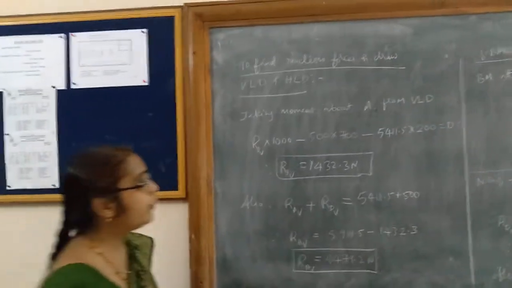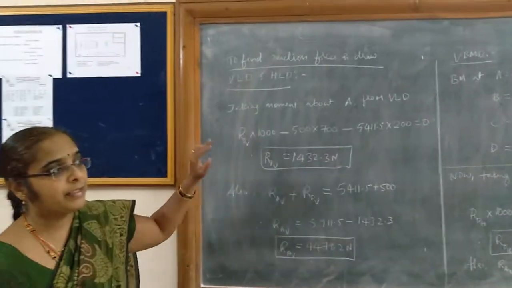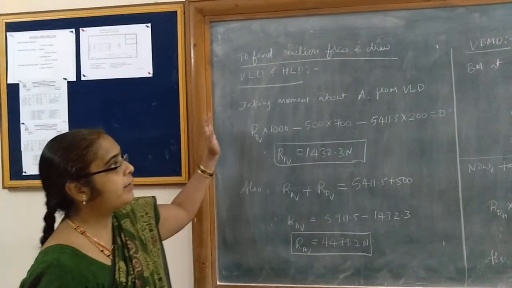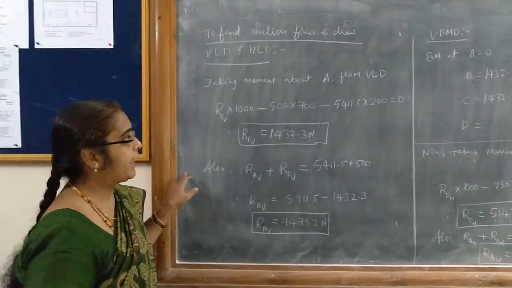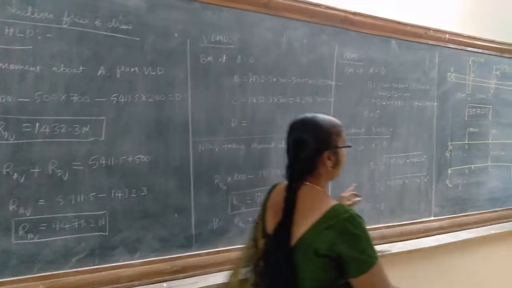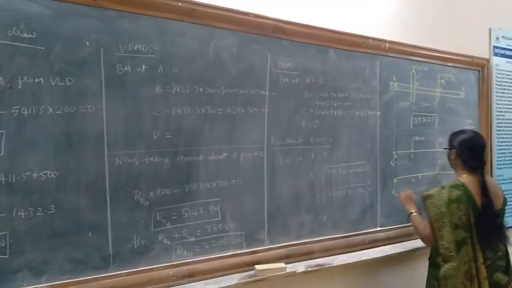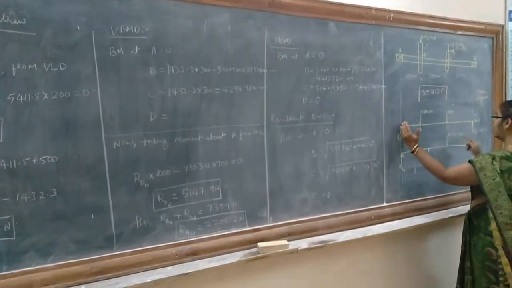Now let me take the moment about A from the vertical load diagram. Taking the moment about point A, we can take all the loads acting on the right side.